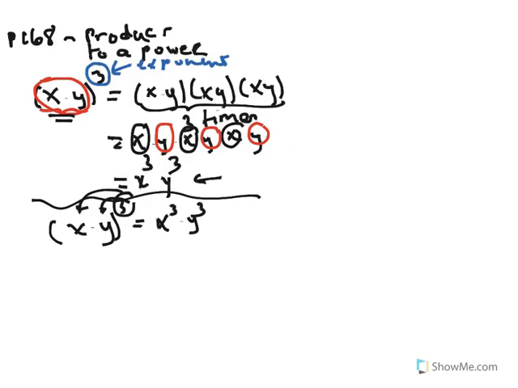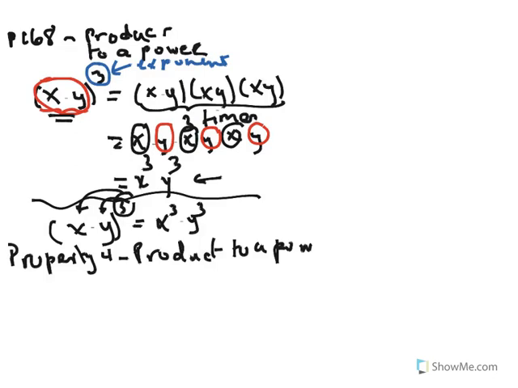Okay, therefore property 4, which is product to a power, basically tells you that if I have a product such as a times b and I set it to n, what I'm going to do is distribute the exponent, and then I will get a to the n times b to the n.